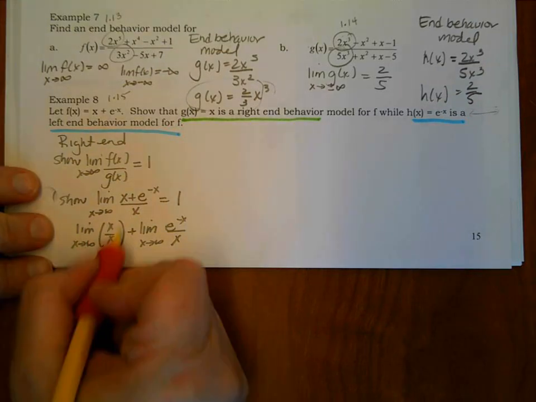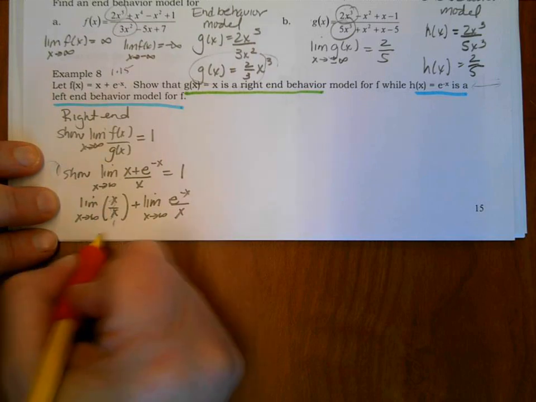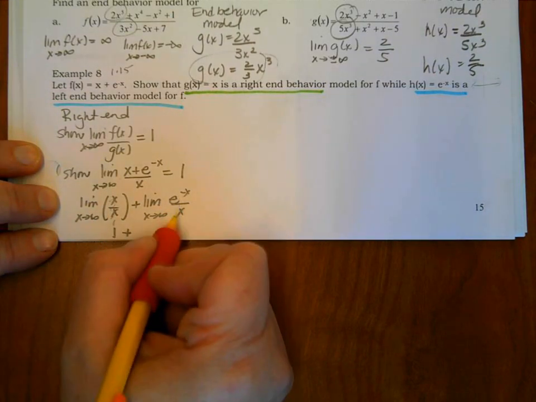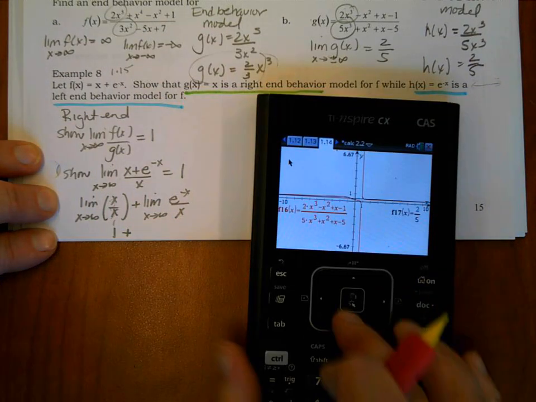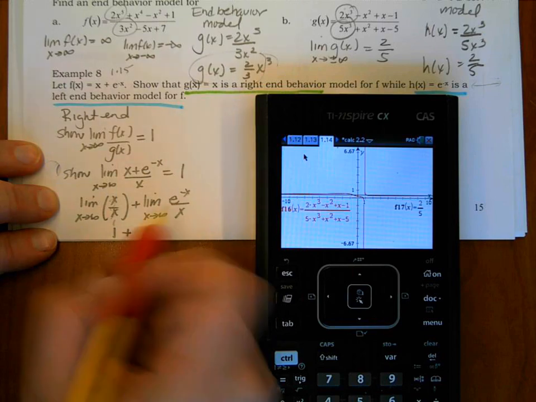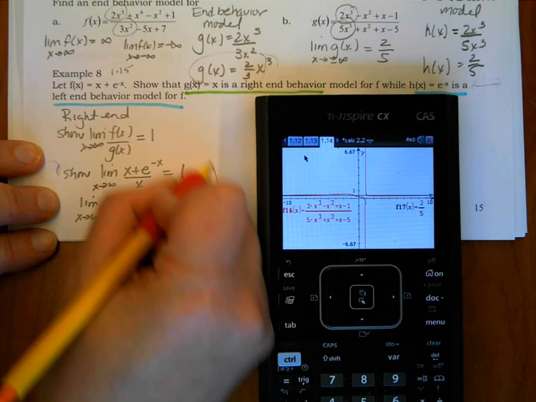Well, this right here is just equal to 1. So that's 1 plus, then what you would do is graph that. If we graph this right here and look at the graph, the limit of this is 0, and if you add those together, that equals 1, which is what we were trying to show.